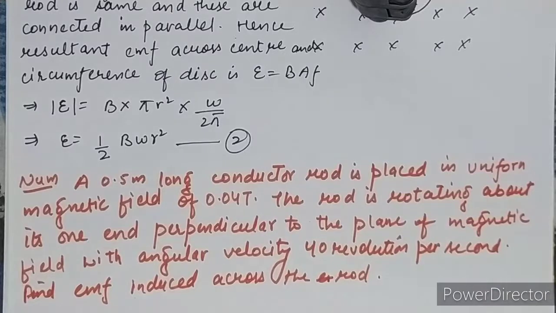Okay, so this is your question in which you have to calculate the induced EMF, okay, the value of the magnetic field, the length of the conducting rod, and the value of frequency have been given in the question. Simple question this is, simply we have to put all the values in the formula. So its solution is we have to write down the formula which we have to use.